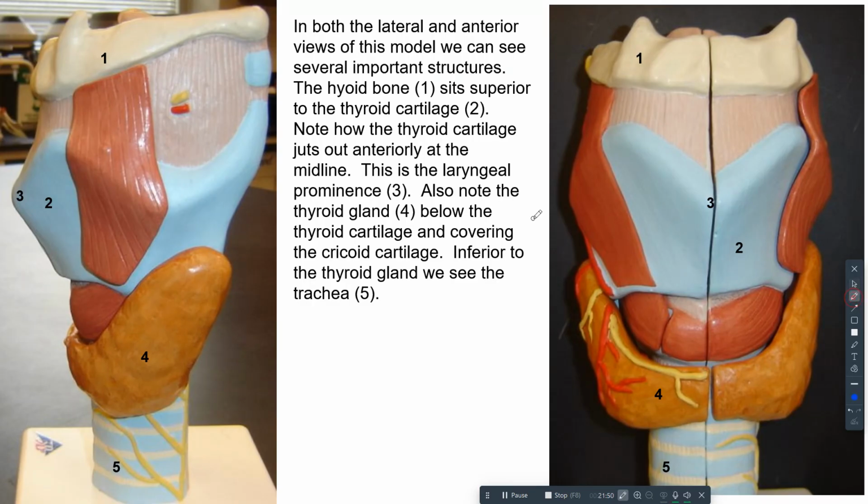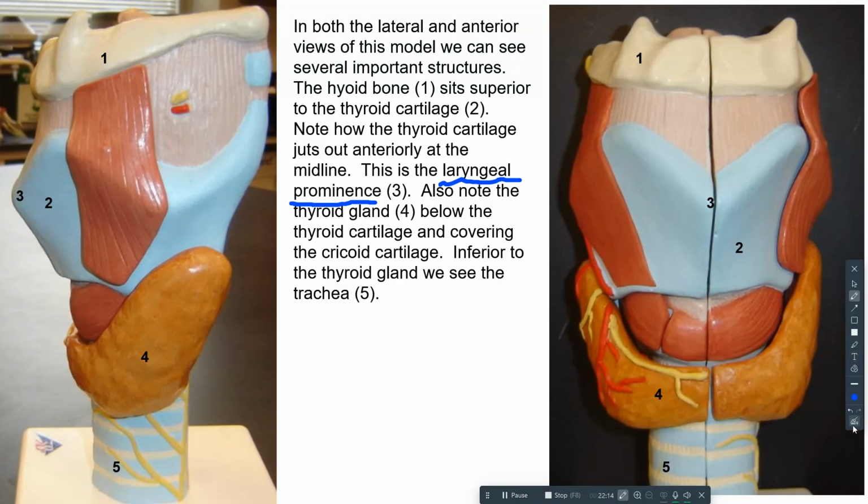So we often call that the Adam's apple, right? We're not going to say that anymore, but that is the laryngeal prominence. Below the thyroid cartilage, we got the thyroid gland with the number 4 on it right there. Kind of hard to see the cricoid cartilage because of the thyroid gland and the musculature here. I can see the trachea nicely in the bottom though.